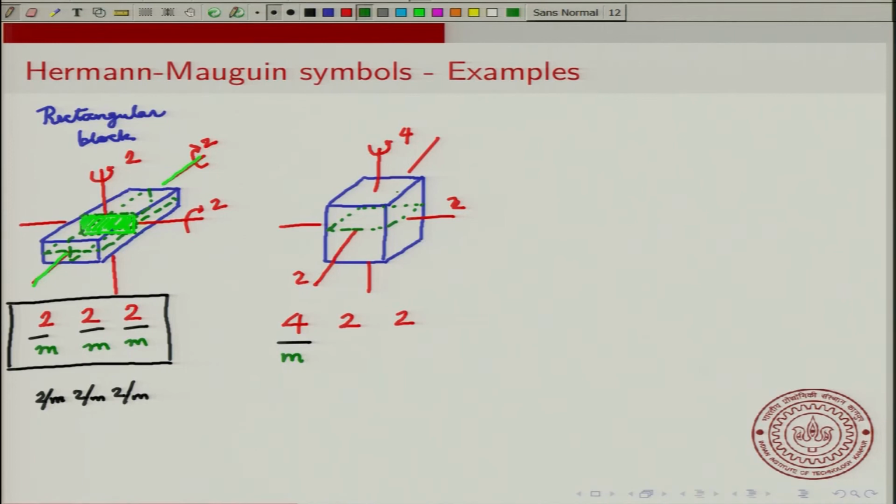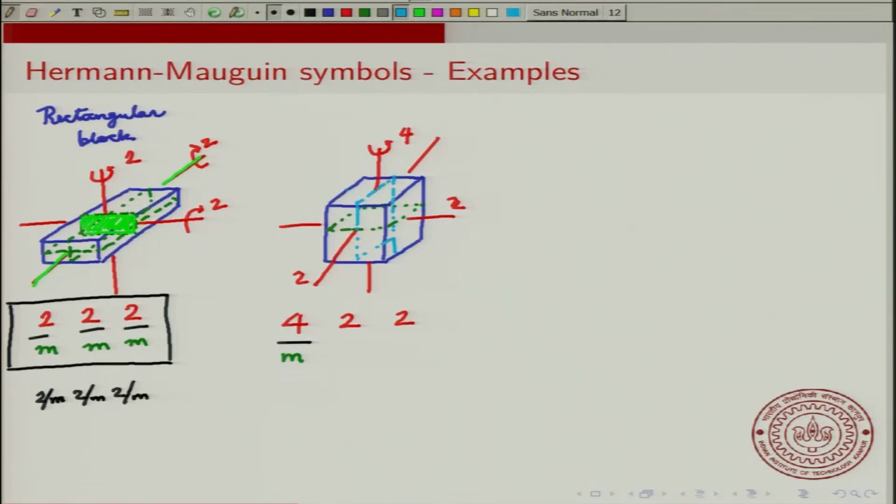Now, again, you actually have the mirrors containing these. I will show them here. You have a mirror that is perpendicular to this 2 axis. So you have this mirror.